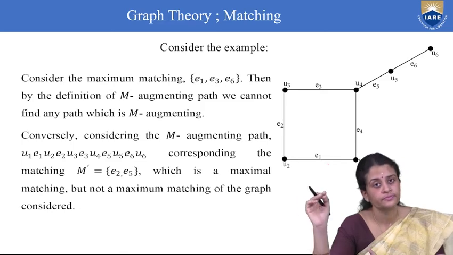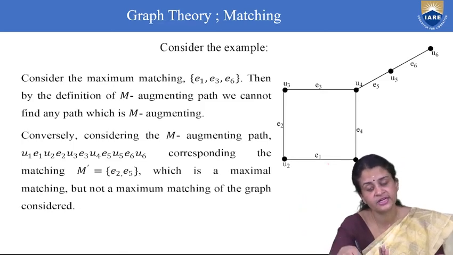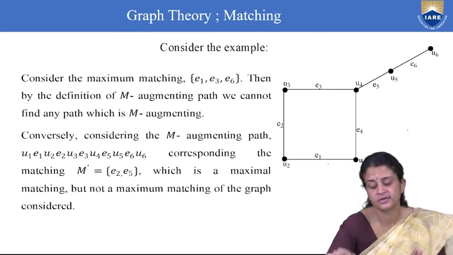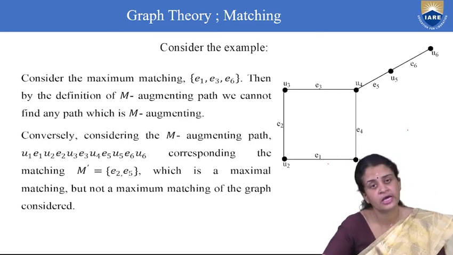Then, with respect to this graph, we have already seen that we have an M augmenting path, like U1, E1, U2, E2, U3, E3, U4, U5, E6, U6.